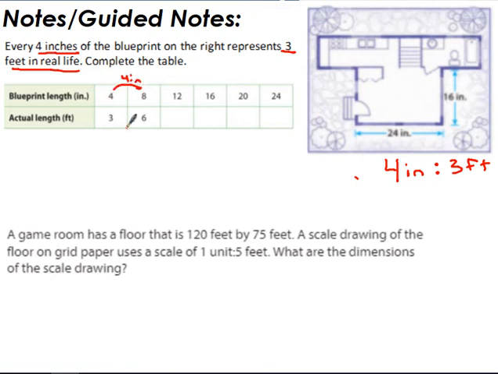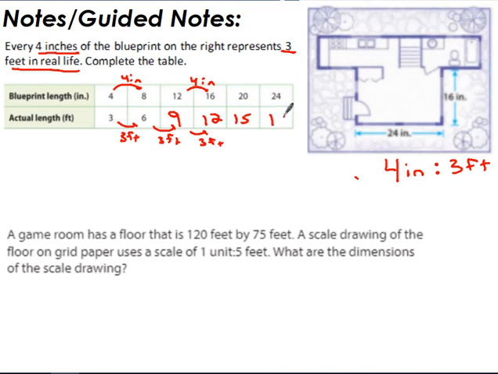So 12 inches would represent 9 feet. 16 inches, if I go up another 4 inches, I need to go up another 3 feet, so 16 inches represents 12 feet. 20 represents 15 feet, and 24 represents 18 feet.